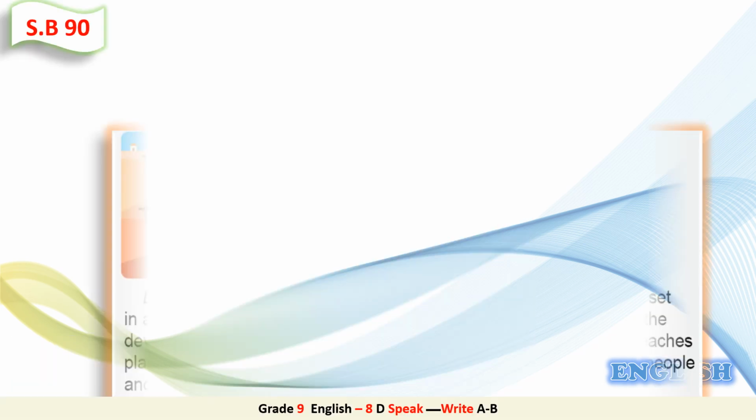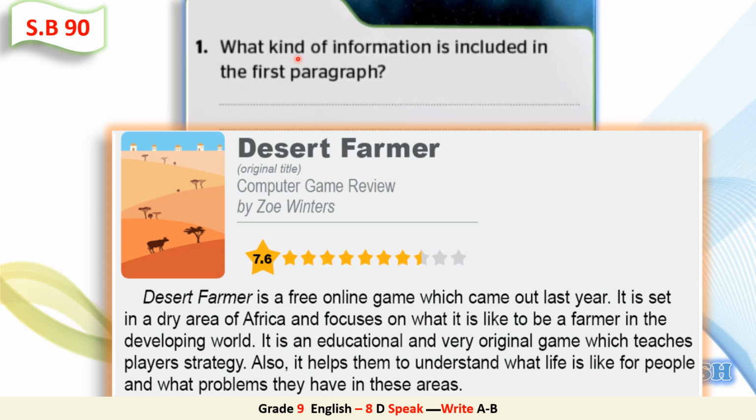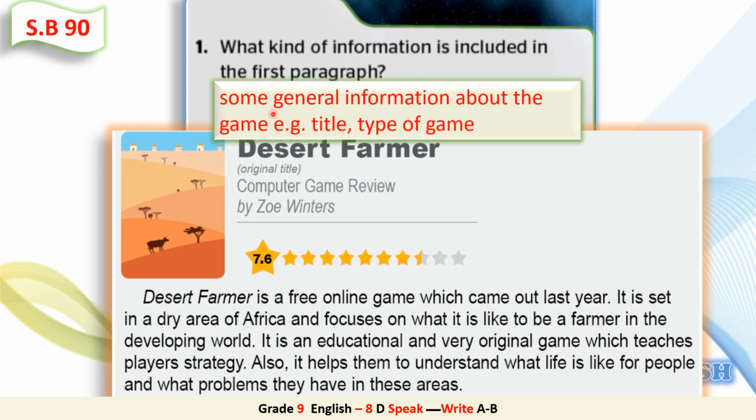Now let's answer the first question. What kind of information is included in the first paragraph? What do you think? Wonderful. Some general information about the game, for example, title or type of the game. Let's see what the writer has mentioned here.